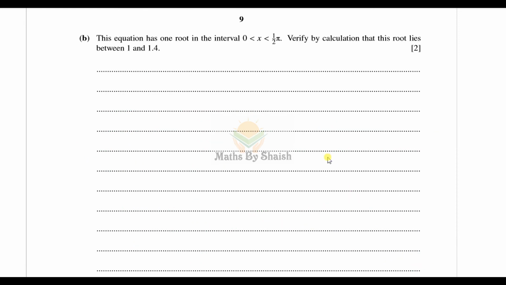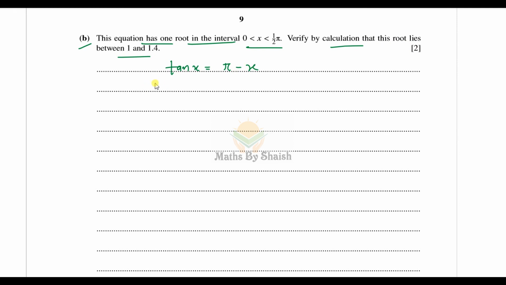In the B part, this equation has one root in the interval 0 to pi by 2. Verify by calculation that this root lies between 1 and 1.4. Since tan x is given as pi plus x, we can make a function to find a root.